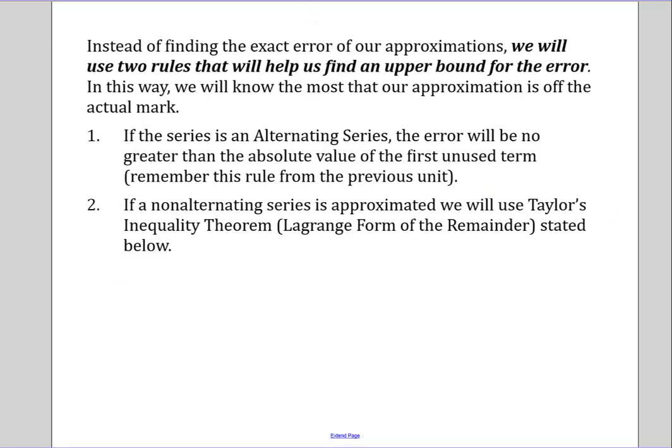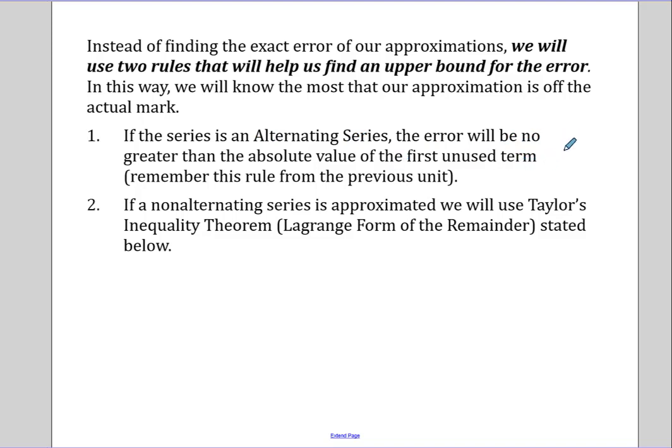Instead of finding the exact error of our approximations, we'll use these two rules that help us find the upper bound for the error. In this way, we'll know the most that our approximation is off the actual mark. And the two rules are: if the series is an alternating series, the error will be no greater than the absolute value of the first unused term.